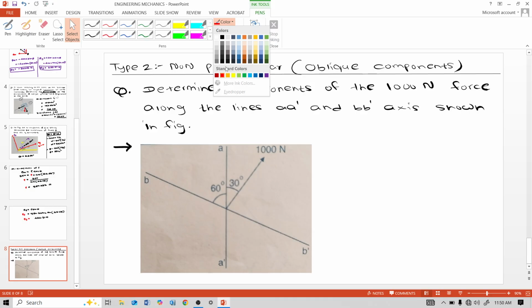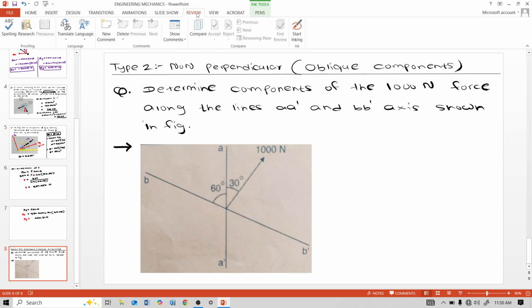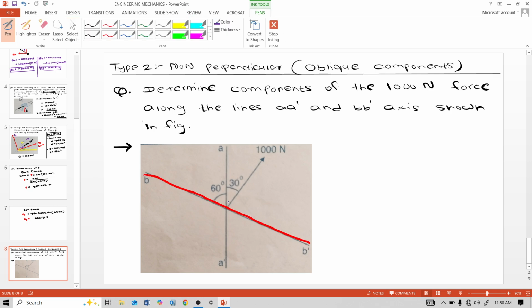First, we will take this force and name it F1, and it is along A dash, and this other component is along B dash, and we will consider this as F2.